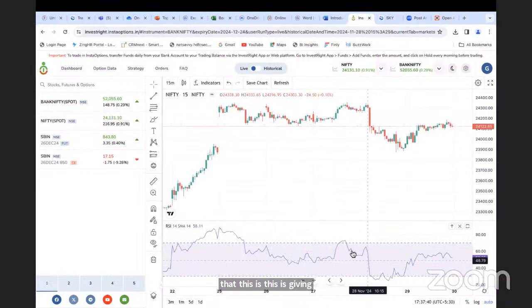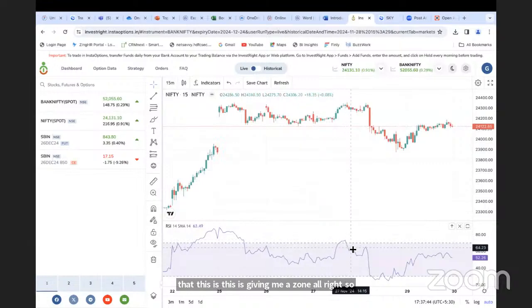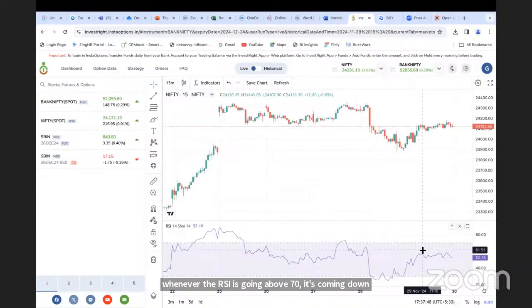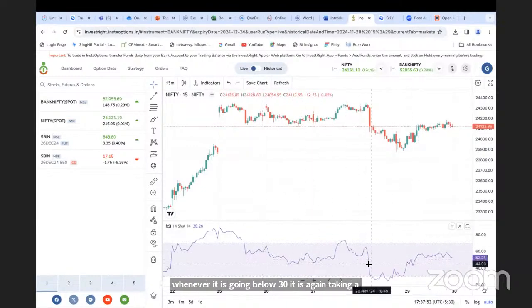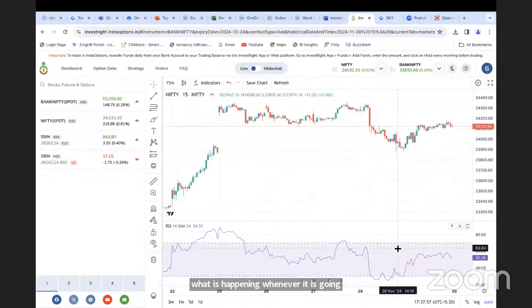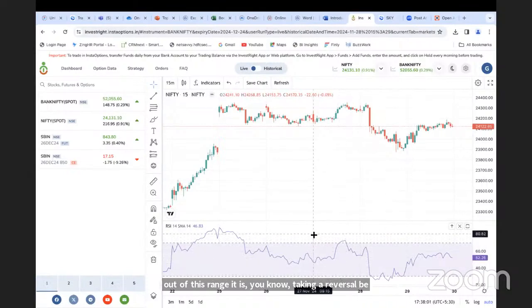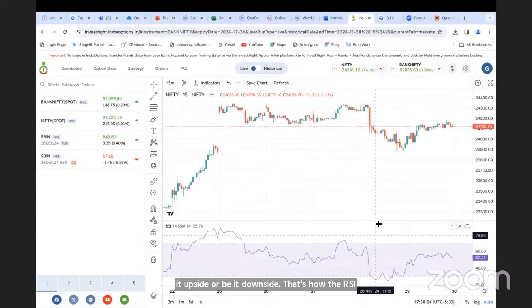Whenever the RSI goes above 70, it comes down. Whenever it goes below 30, it again takes a reversal on the upside. Whenever it goes out of this range, it takes a reversal, be it upside or downside. That's how the RSI works, and that's how the price is also going to replicate it.